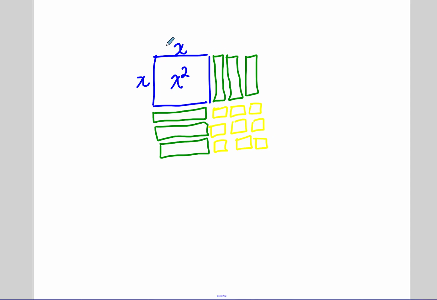If the length here is x plus 3, and the length here is x plus 3, because I'm just saying this is 1 unit wide and this is 1 unit wide, then this part in yellow is the part that completes the square.